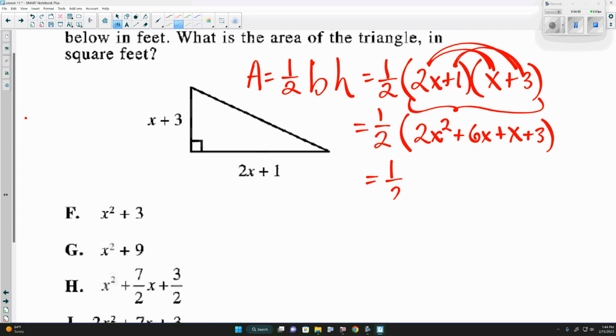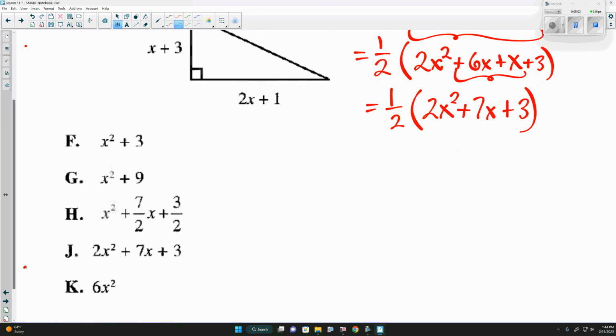If we combine like terms, we'll get 2x squared, and 6x plus x is 7x, plus 3. Lastly, we need to multiply everything by 1/2. So 1/2 times 2x squared is x squared.